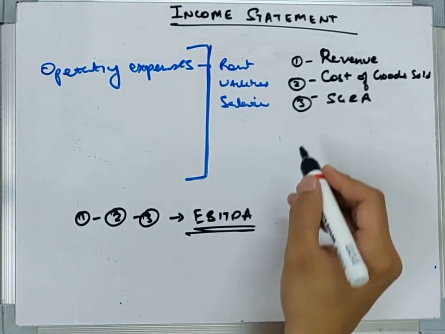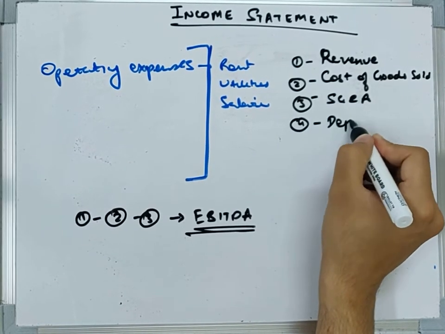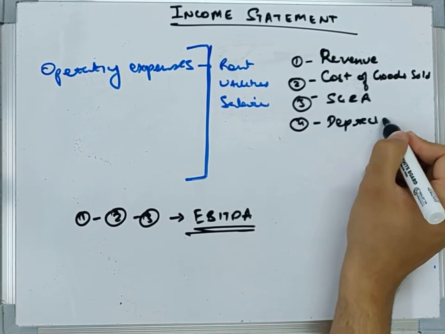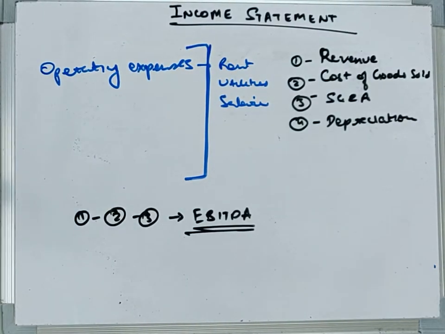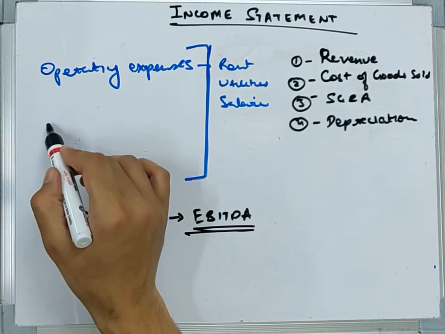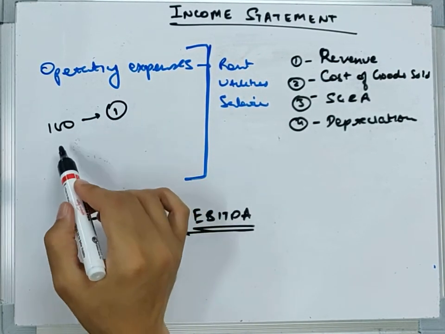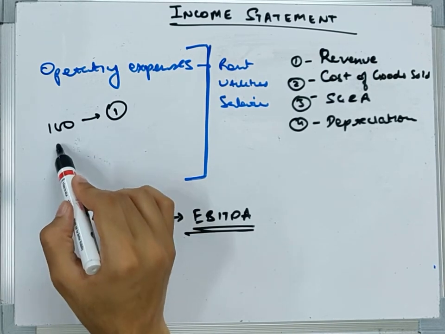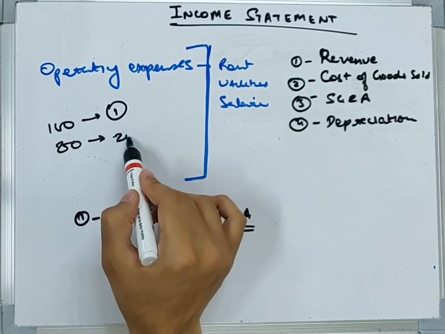Now the next thing is depreciation. Depreciation practically means if an asset was bought at 100 in year 0, then the value in year 1 would not be 100, it will be 80, and the depreciation expense will be 20.